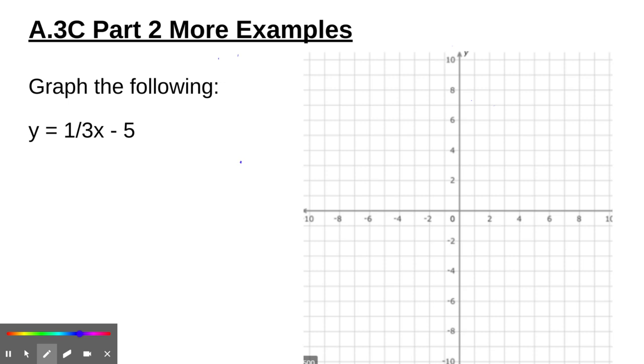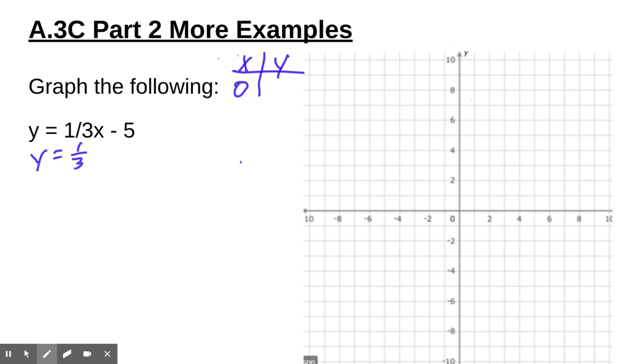So I'm going to draw my table, x and y, and let's set x to 0 first because that'll be the easiest one. So we're going to have y equals 1/3 times 0 minus 5. So that gives us y equals -5 because that goes away. So we know the y-intercept is -5.